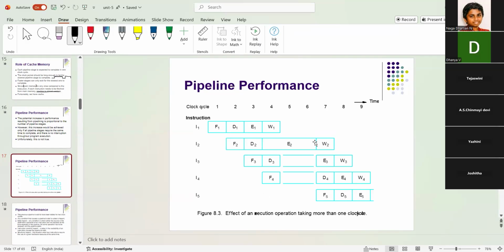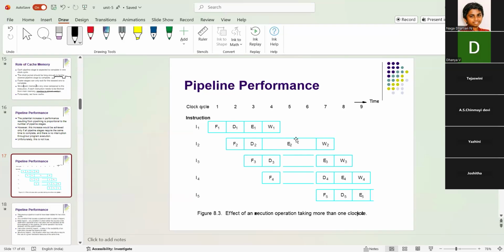There's a delay in your execution stage E2 in your second instruction. This delay, and eventually more delays, cause the pipeline to take more clock cycles. From 7 it has become 9 because of this stalling. We call this stalling, or bubbles.